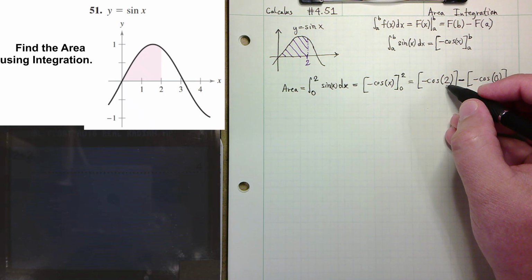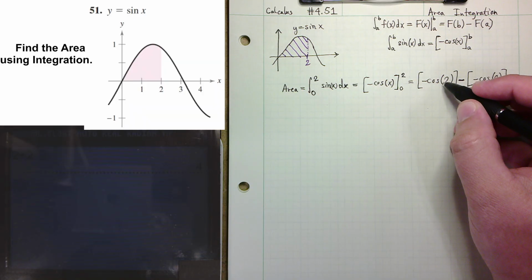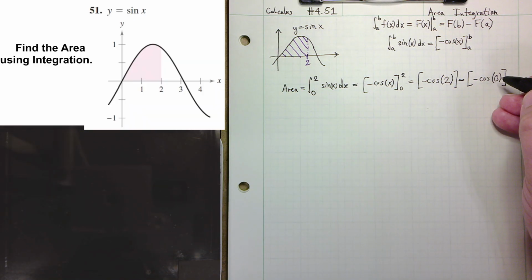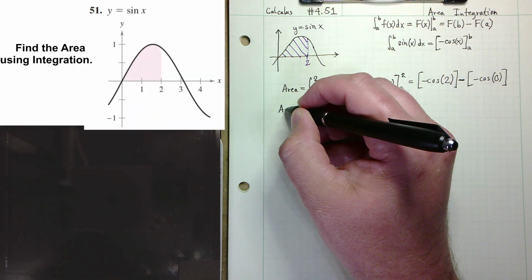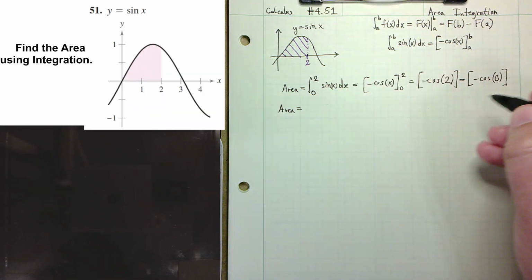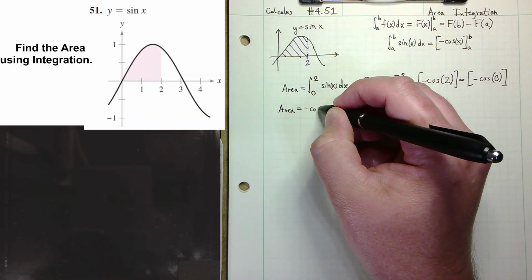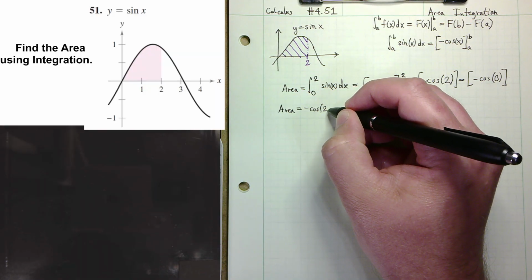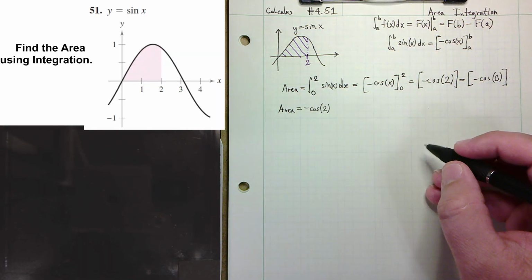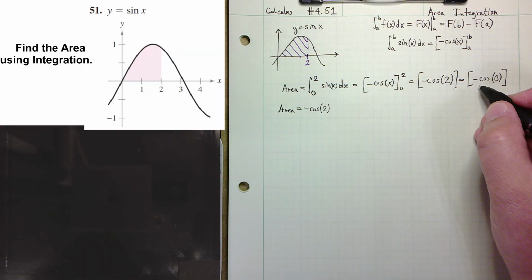Cosine of 2 is going to be an irrational decimal number because we know we're dealing with the unit circle in radians. So I'm just going to say that this area is equal to negative cosine of 2, which we'll leave as a number in that form for now.